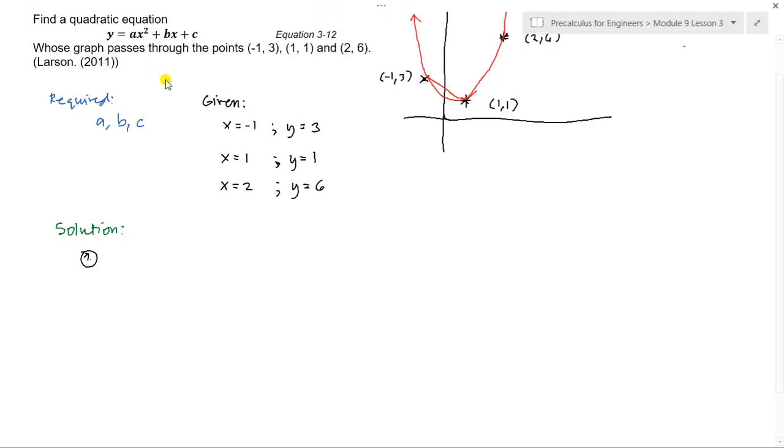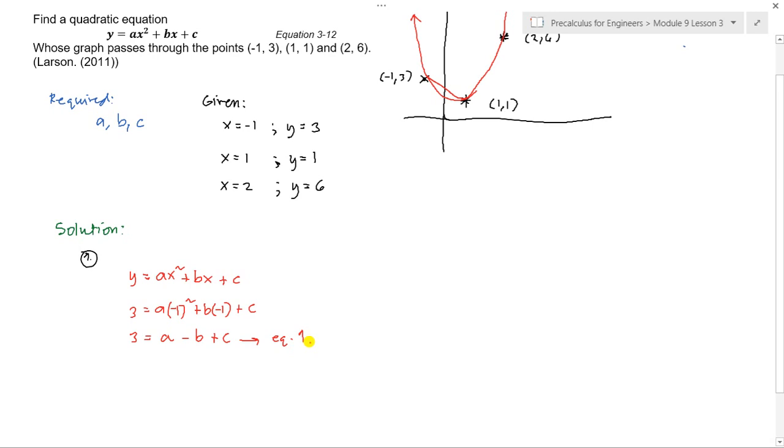From our general formula for quadratic, y is equals to ax squared plus bx plus c, with x is equals to negative 1 and y is equals to 3, we substitute. We now have 3 is equals to a times negative 1 squared plus b times negative 1 plus c. So, that is 3 is equals to a minus b plus c. So, this is our equation 1.